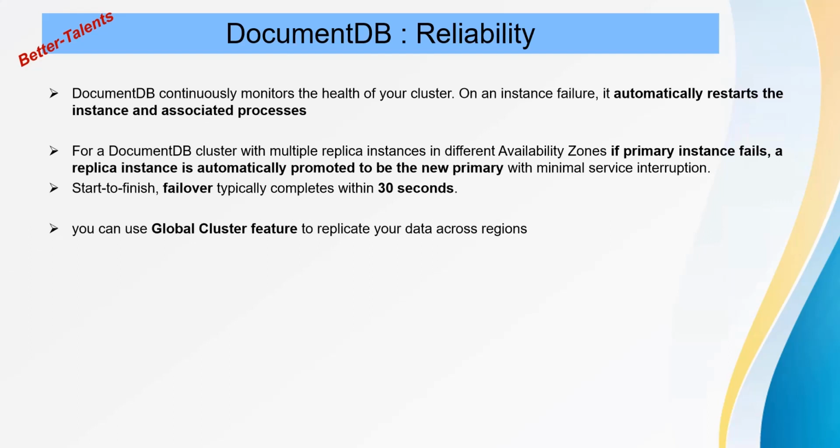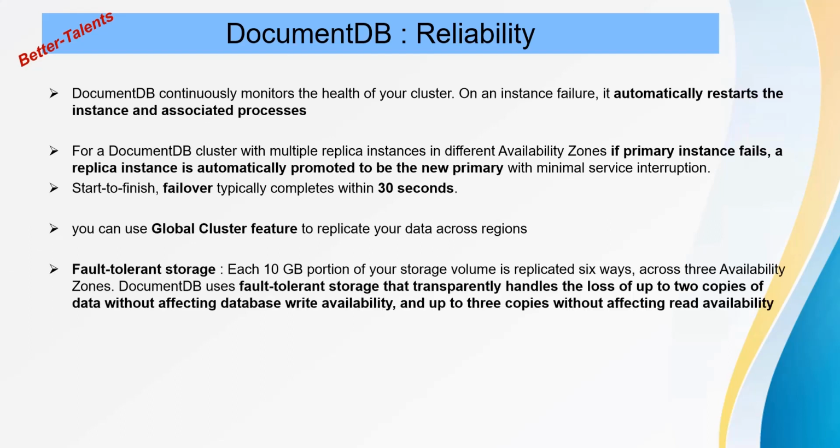If three data centers are not the right fit for your workload, and you want your application to keep working across another three data centers even if those go down, then you can use a global cluster across regions. That's how it makes your system available across regions, and the read latency will still be within milliseconds.